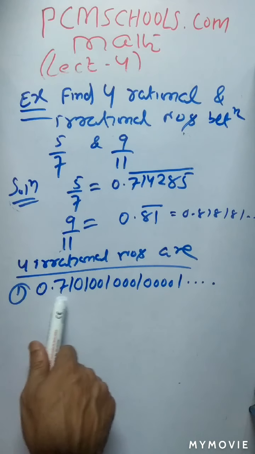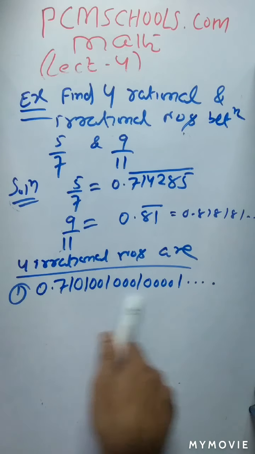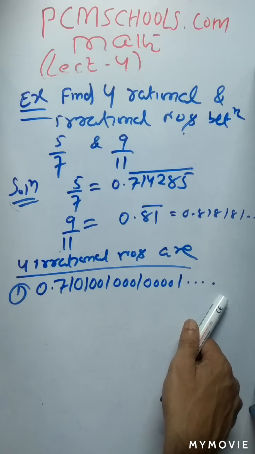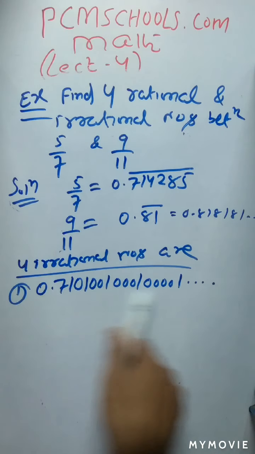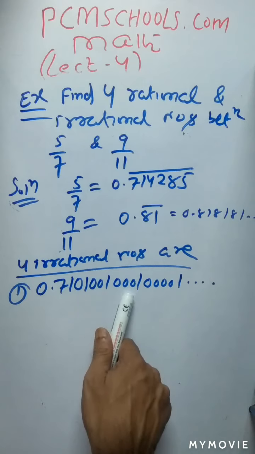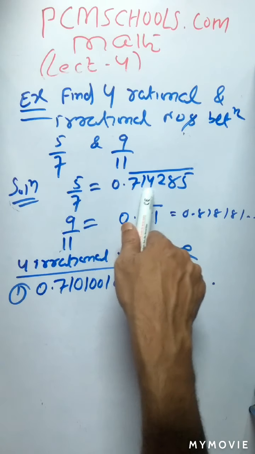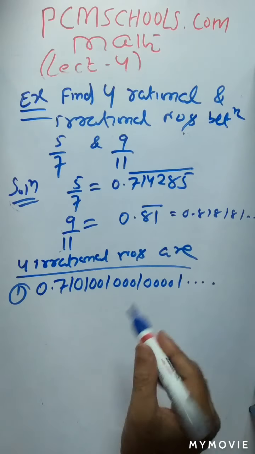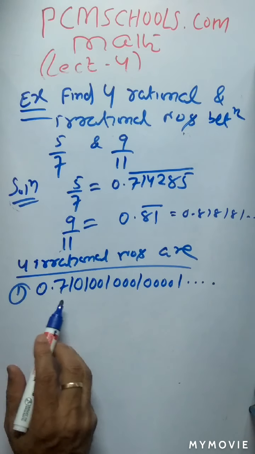So you take the first number as 0.7101001000140 and continue. Now see, this is a number which is non-terminating and non-repeating.